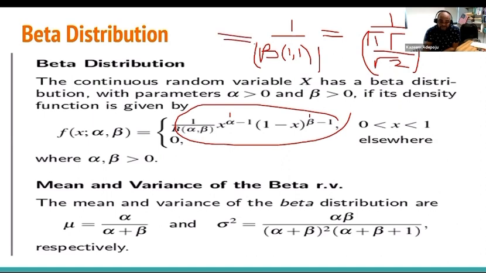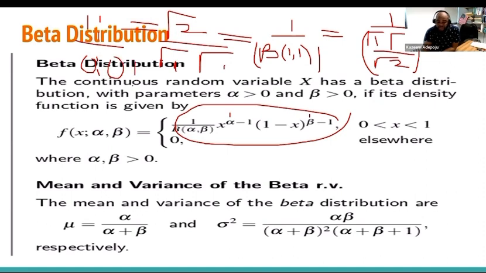Here, this is going to be gamma 2 divided by gamma 1 and gamma 1. Gamma 2 is 1 factorial, and gamma 1 is 0 factorial, and 0 factorial is 1. So that will give you f of s equal to 1. So f of s equal to 1 is also a uniform distribution. I'm going to explain more as time goes on.